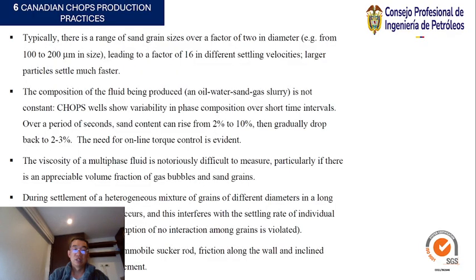During settlement of a heterogeneous mixture of grains of different diameters in a long vertical tube, grain clustering occurs, and this interferes with the settling rate of individual grains.